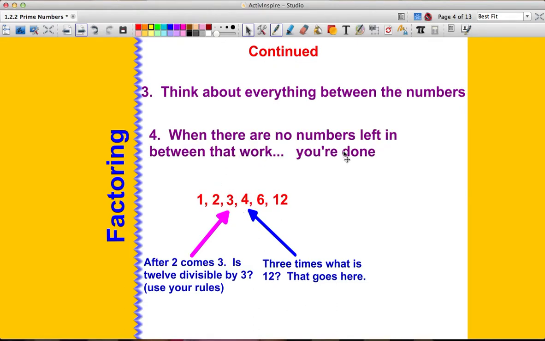And when there are no numbers between, that works. There are no whole numbers between 3 and 4, so I'm all done. I can check my work by saying, do I have something to connect with 1? Yes, 1 and 12. I can use my factor rainbow: 2 and 6, 3 and 4. And then I always need to remember to put my parentheses around the outside. That is what shows that these numbers are indeed factors.